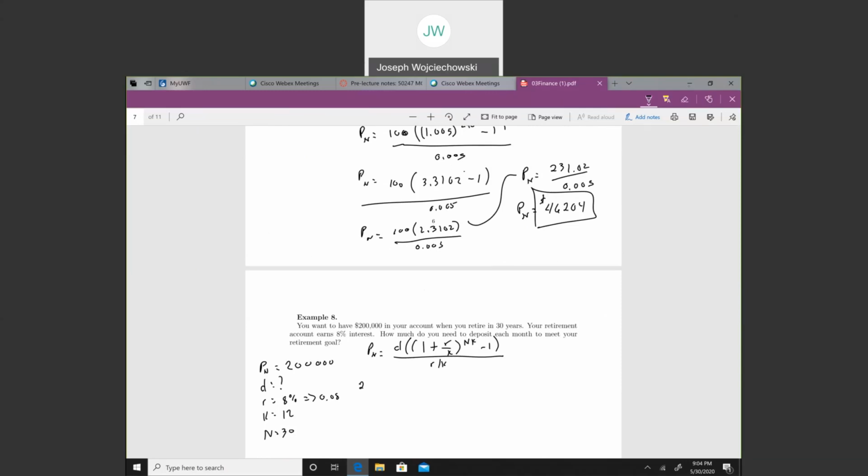We have 200,000 equals D times 1 plus R, which is 0.08, over K, which is 12, to the N, 30, times K, 12, minus 1, all over 0.08 over 12.